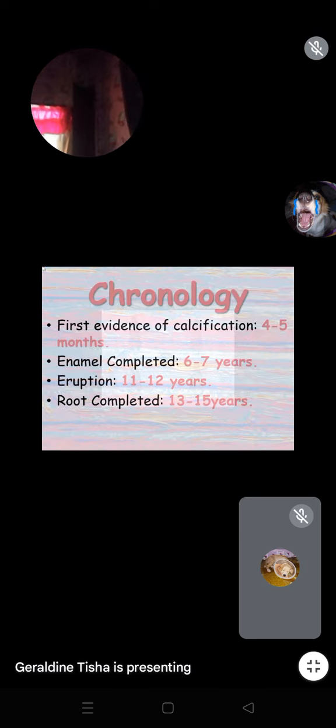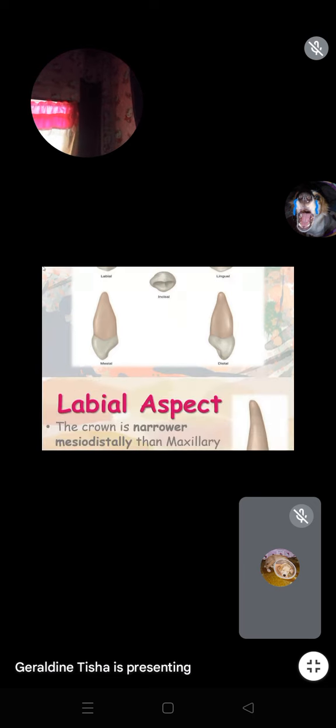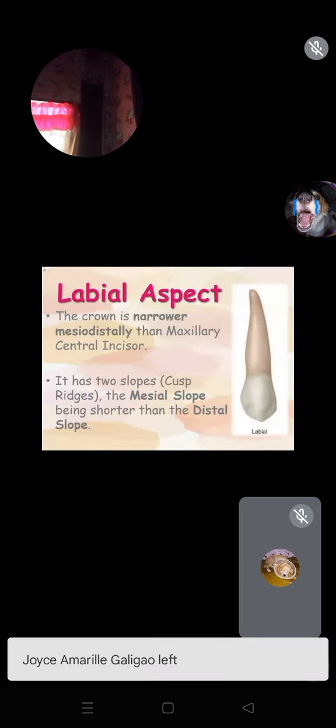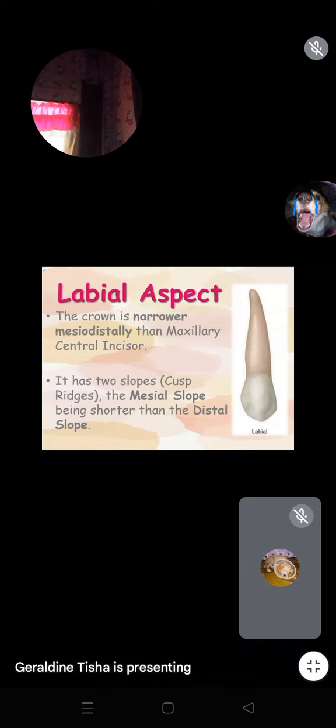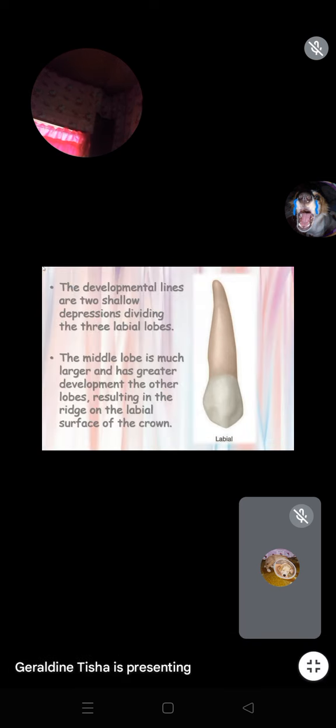Labial aspect. The crown is narrower mesio-distally than the maxillary central incisor. It has two slopes, the mesial slope being shorter than the distal slope. The developmental lines are two shallow depressions dividing the three labial lobes.